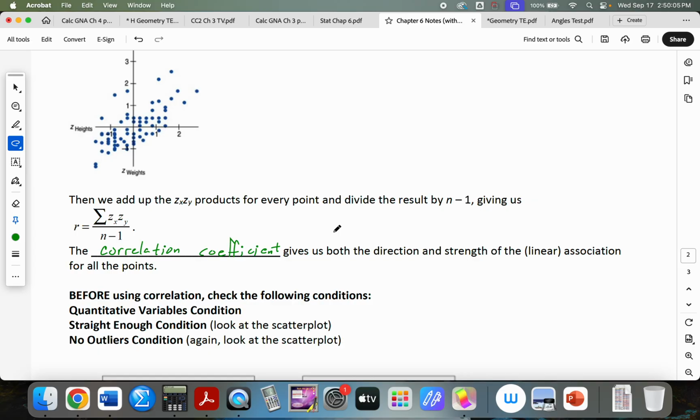It just means that as we move from left to right, the data points tend to move downwards. Think about it as just any other slope. If x increasing causes y to increase, that's going to be a positive slope. If as x increases, y decreases, that's going to be a negative slope.